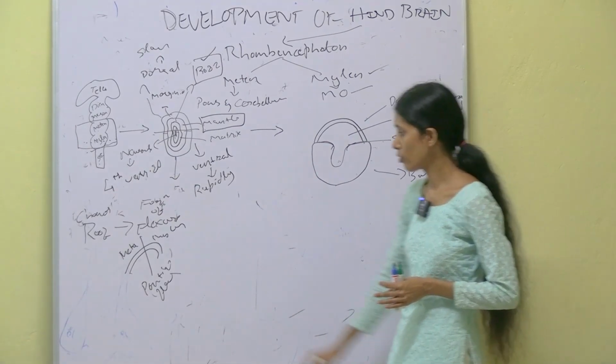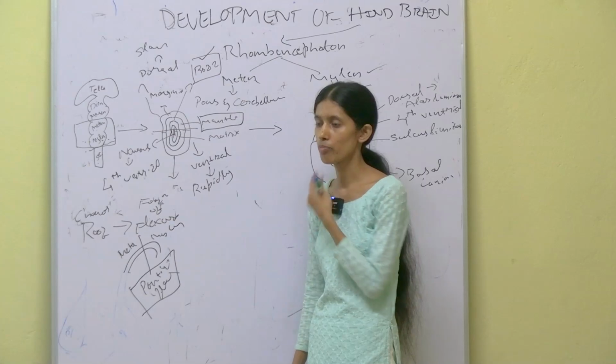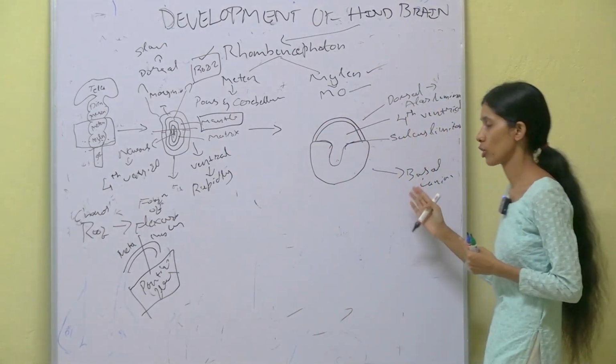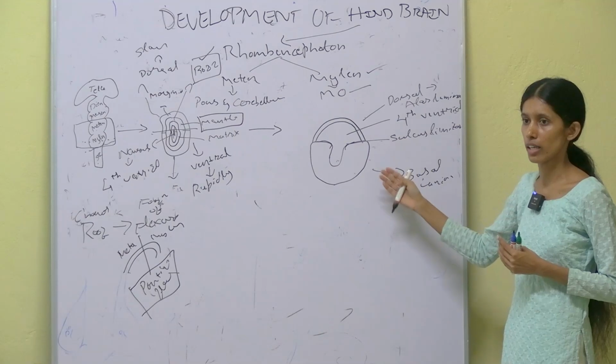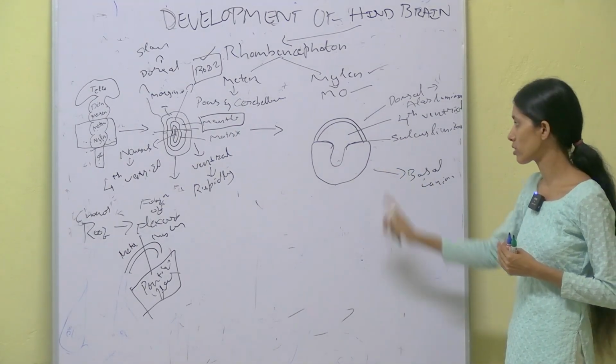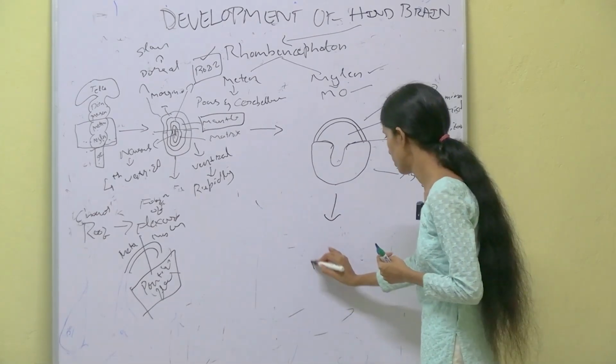Okay, fine. Now we want to see the pontine flexure. So during this development, along with the formation of all these layers and sulcus, your flexure will also take place. Once the flexure takes place, this is how the structure will look.